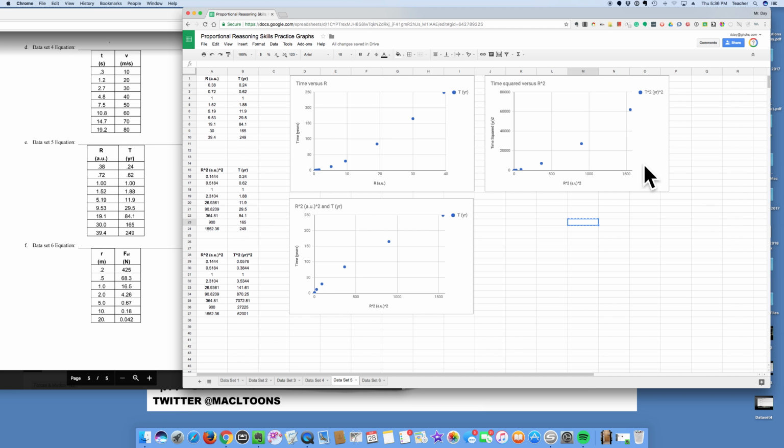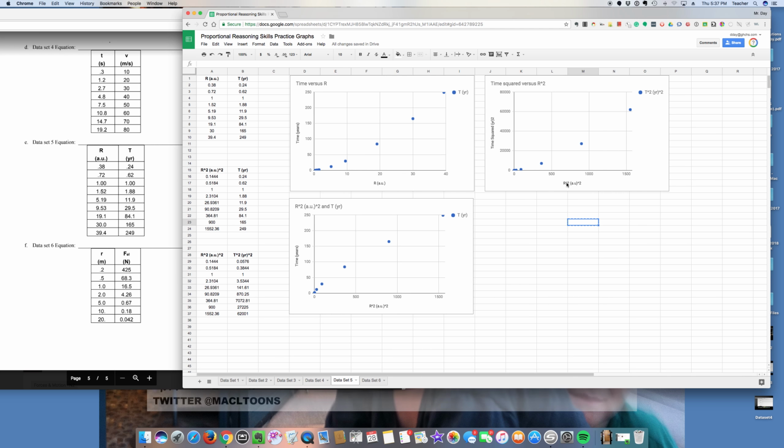So I have no business putting a line on that. Maybe I need to square whatever's here, right? Wow, that's crazy. Okay. Interesting. So I'll just keep going. So R squared is R to the fourth.